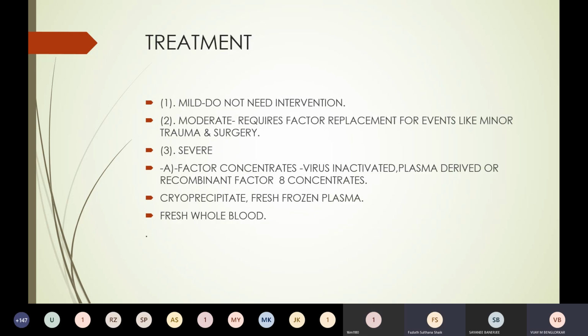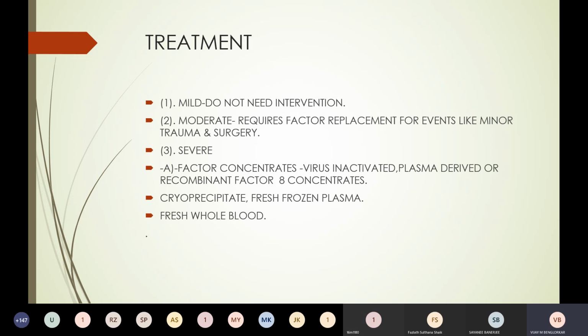So once you diagnose hemophilia, just find out the factor 8 level. Patient comes in which classification? Mild, moderate, and severe. And according to that, you have to start the treatment. In mild, as patient doesn't have any manifestations normally, you don't need any interventions.